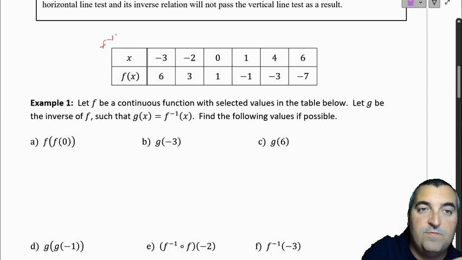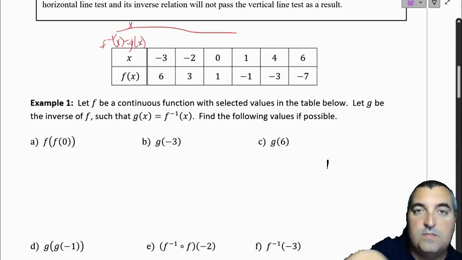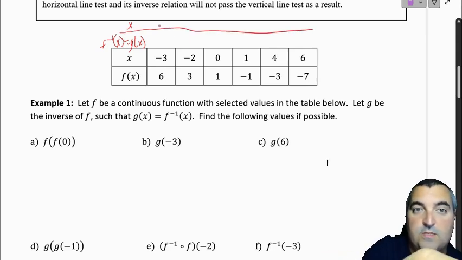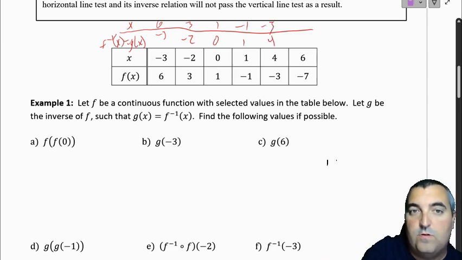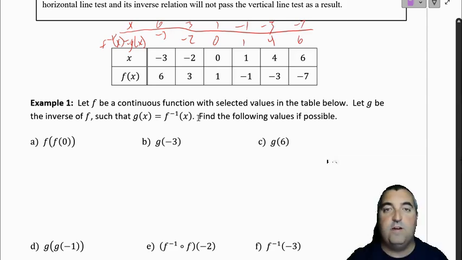I'll say f inverse of x, which is equal to g of x. I'm literally just going to take my table below and switch the x and y's. So 6, -3, 3, -2, 1, 0, -1, 1, -3, 4, and then -7, 6. And there I've created this table.